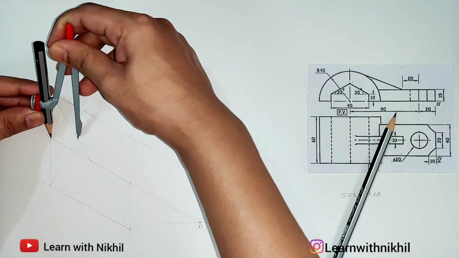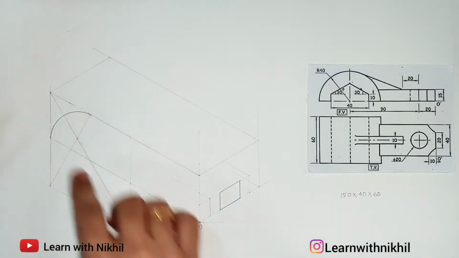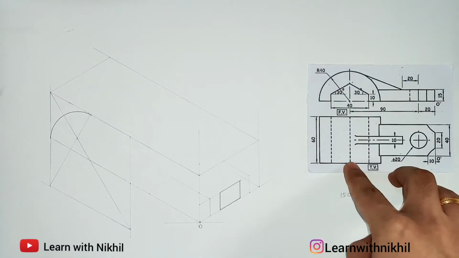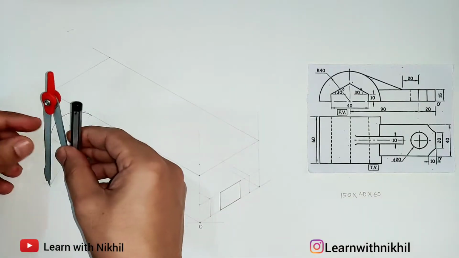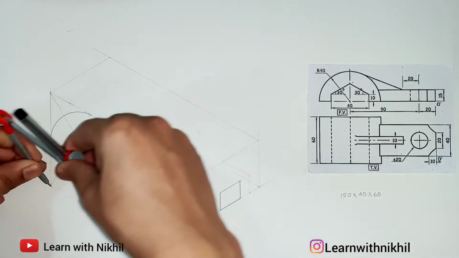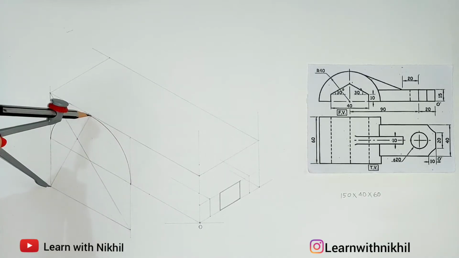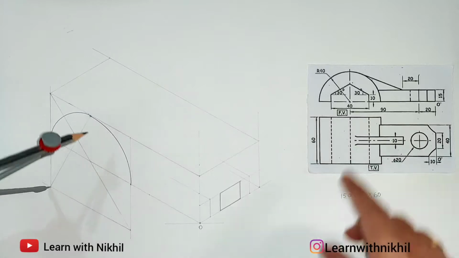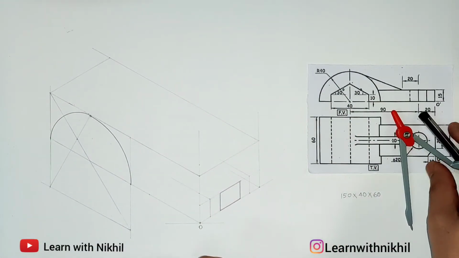Now taking this as the radius on the compass, draw the curve. This will be one side, that is this. This part is done. From the top view it is straight. Now this remaining curve part, you have to take this as the radius and draw the curve. So we have drawn this semicircle in this three-dimensional shape. It looks like an ellipse shape.